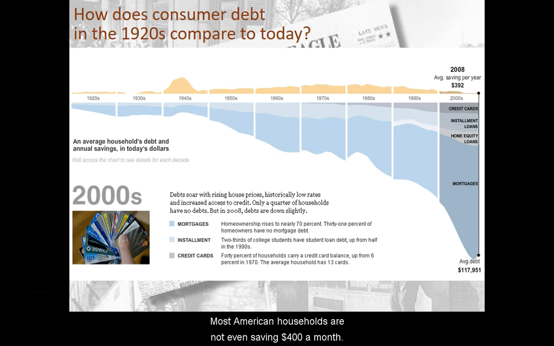Most American households are not even saving $400 a year, but yet your average debt is well over $115,000. Significantly up from that $10,000, and that $10,000 was adjusted for inflation to modern times. As you can see, debt has just significantly increased over the last 100 years.